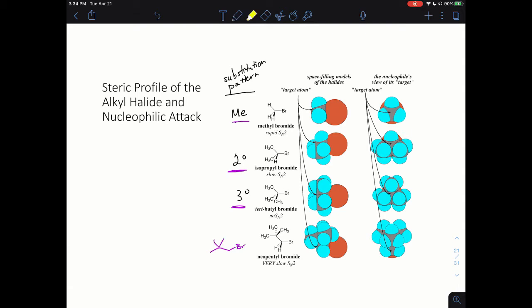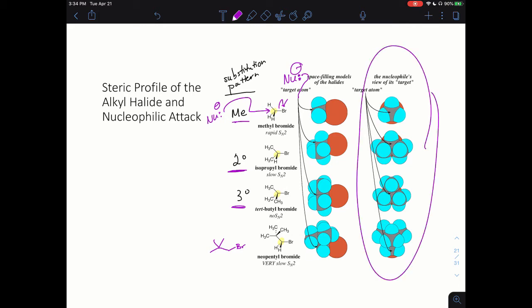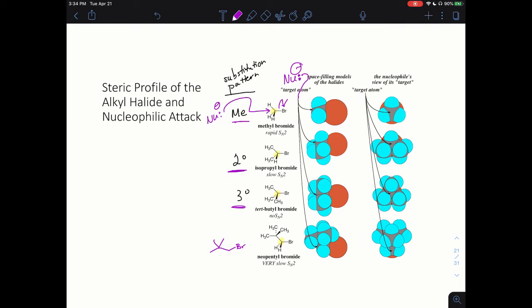We're going to be looking at the alpha carbons of each of these alkyl halides, because that's the one that the nucleophile attacks. That's the target atom of the nucleophile. The nucleophile would attack each of those alpha carbons. Now we're going to turn it around a little bit so we get the nucleophile's view. That's what we have here, and we're going to take a look at this set of pictures now.